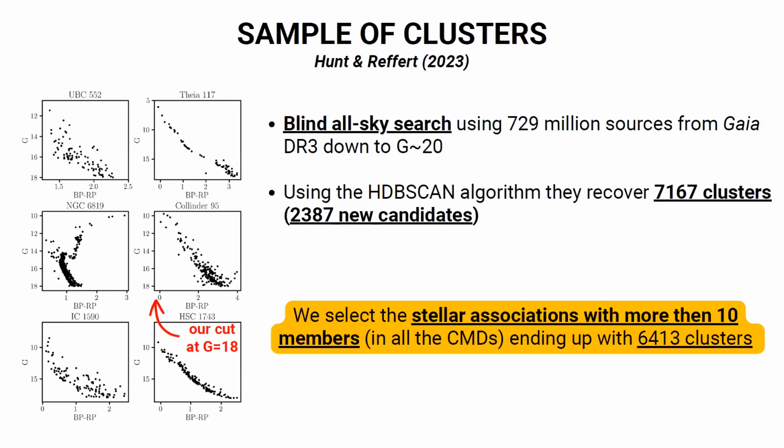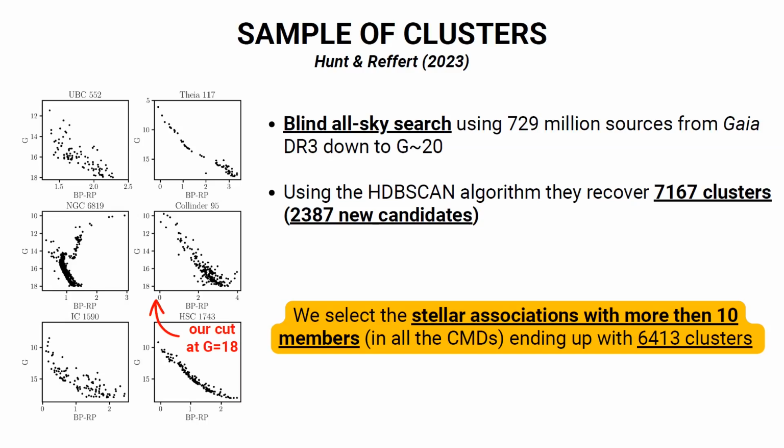But of course, you need to use some data to analyze. We use a sample of clusters that has been presented by Hunt in 2023, who performed a blind search in Gaia DR3, the biggest homogeneous search, and used HDBSCAN, the one that we just saw, and they recovered about 7,000 cluster candidates, because as we saw, you also have the monsters that we saw before.